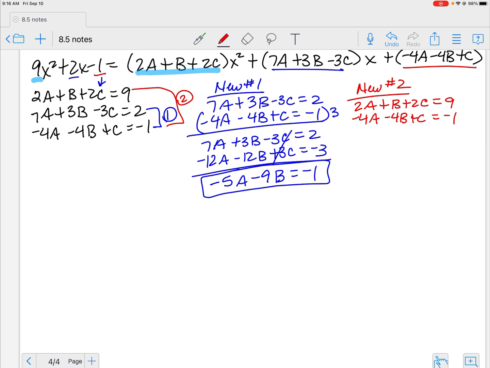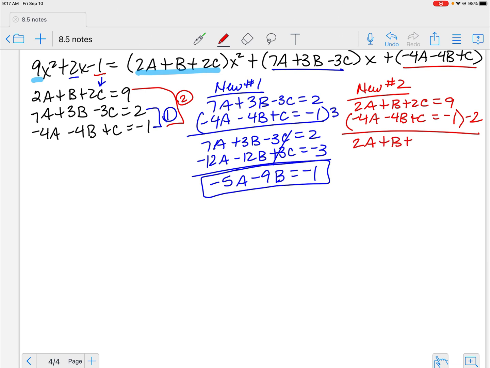Now my goal is, you have to get rid of the same variable. So my c is what I'm getting rid of here. So I have to multiply this bottom by a negative 2, because remember we said the positive and the negative. It's already positive c, so in order to get the negative 2 to go with it, I have to multiply by a negative 2.